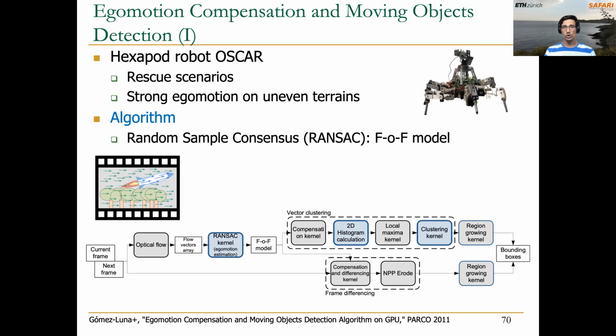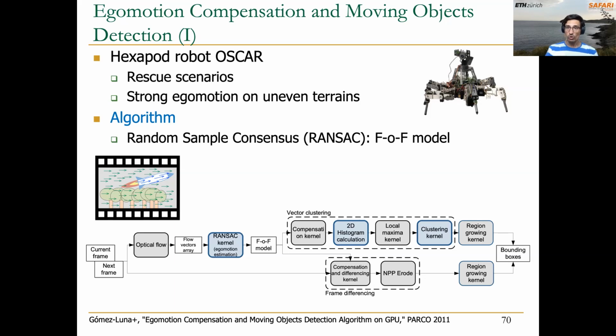The way to compensate for the strong motion due to the terrain is to generate a model of the optical flow vectors of the image. This model is going to represent the background, because the background is moving the same way as the robot is moving, right? So the optical flow vectors of the background represent the movement of the robot.